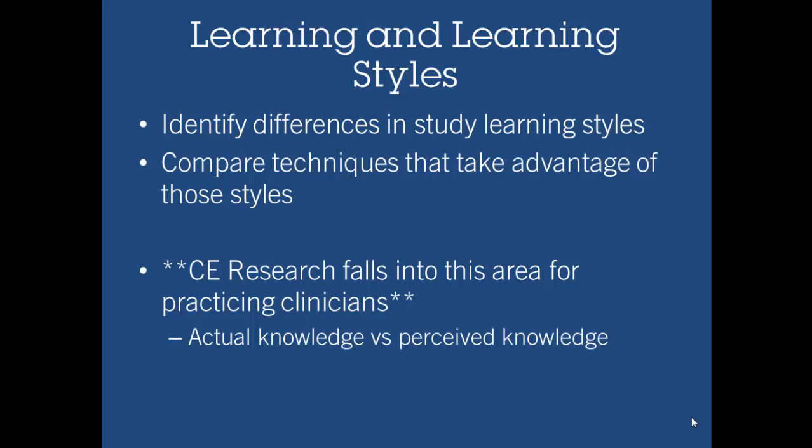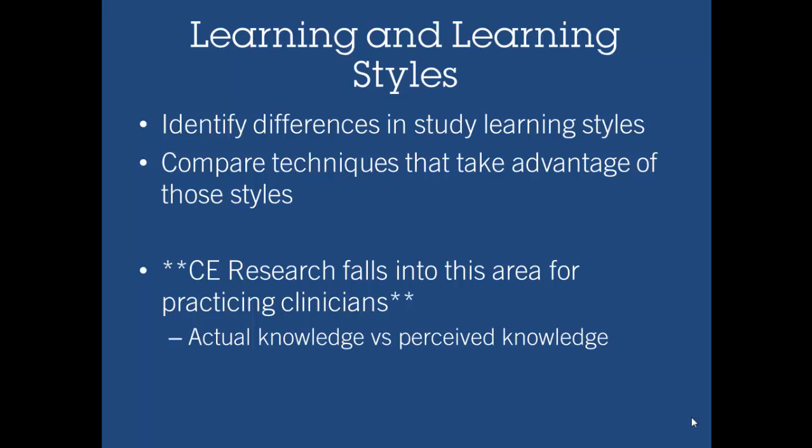And again, learning and learning styles, as I mentioned, with practicing athletic trainers, actual knowledge versus perceived knowledge. I talked about that with an example in terms of what your students think they know versus what they actually know. And we do the same thing with our practicing clinicians. A lot of Dr. Everman's research and a couple of our doctoral students' research has been focused on this.